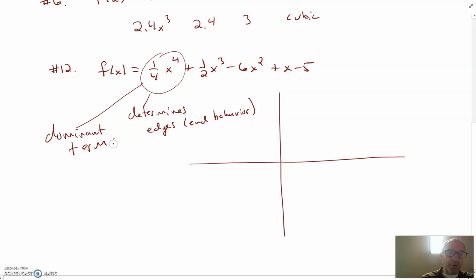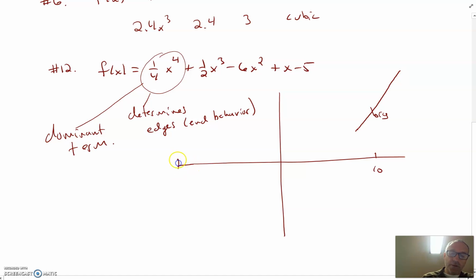So if I plug 10 in here, 10 to the 4th is like 10,000 times a 4th. It's still a big number. So over here where I get 10, I get a big number. So the polynomial is going to be shooting up on this side.